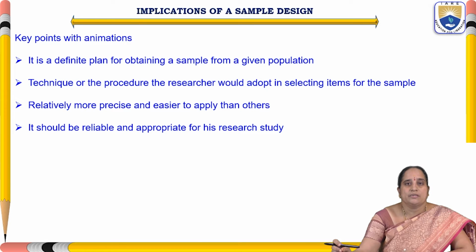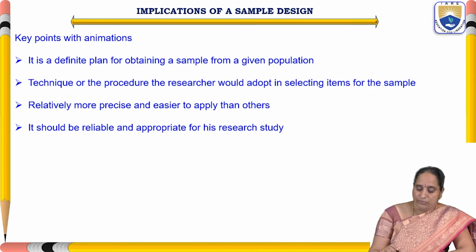Sample design is a definite plan for obtaining a sample from a given population. There are different types of techniques available, so it depends on what type of procedure the researcher would adopt in his research survey.